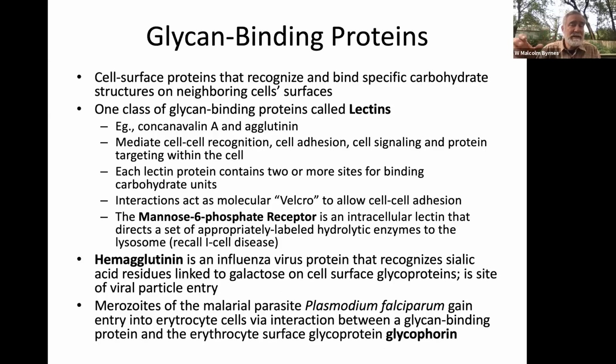Well, that's actually how Plasmodium falciparum gains entry. It has a glycan binding protein on the surface of merozoites, which is a form of the parasite, allowing entry into red blood cells. That's an interesting example of a glycan binding protein. Hemagglutinin is another example.